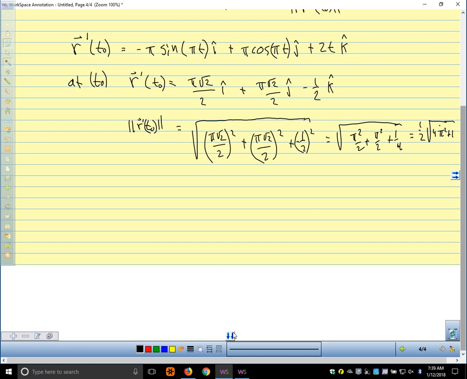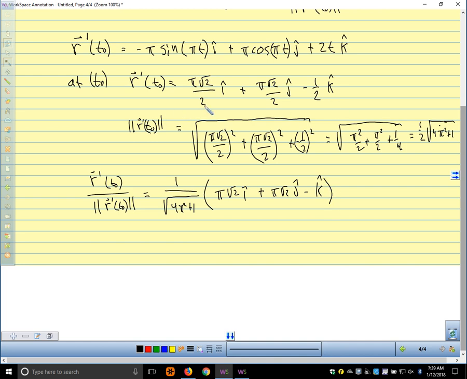So our r prime of t0 over the magnitude of r prime of t0, the first part of our problem, is 1 over the square root of 4 pi squared plus 1 times pi squared of 2 i hat plus pi squared of 2 j hat minus k hat.